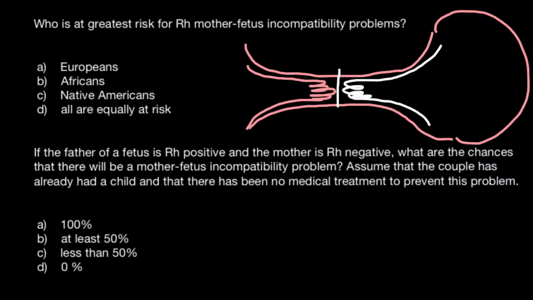But sometimes very small proteins, such as a small amount of blood, can penetrate both sides, from the mother side to the fetus side and from the fetus side to the mother side.